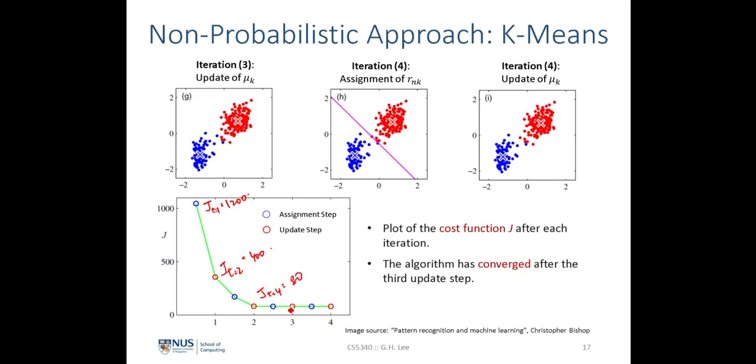Subsequently, as I iterate more and more, I'll see that at t equals 5 it's also going to be approximately 80. So if the difference between consecutive time steps of the iteration saturates, then I will terminate the algorithm. I can also use this as a termination criterion for my k-means algorithm.